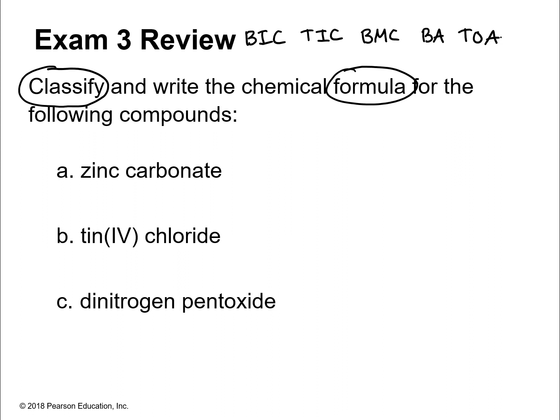So this question, we've got to classify and write chemical formulas. We'll start with classifying. So you can put that in the chat if you got that far. We're just going to classify A, B, and C. First one, zinc carbonate. How do we classify it?